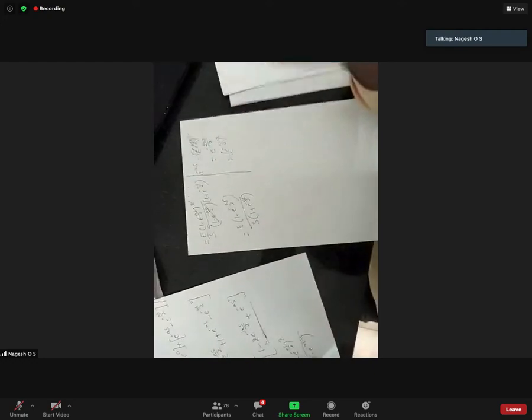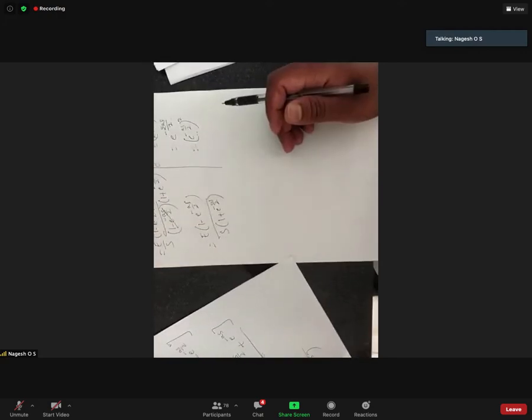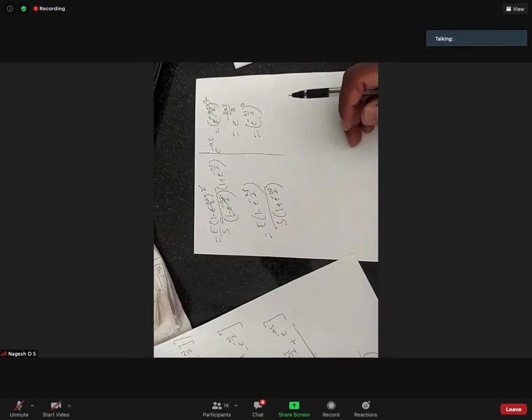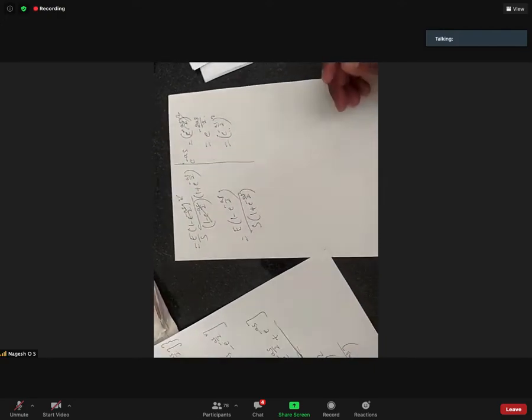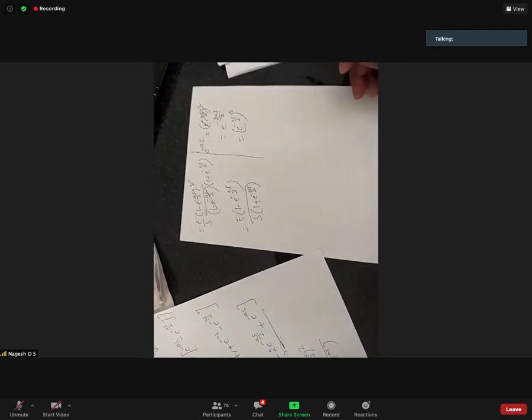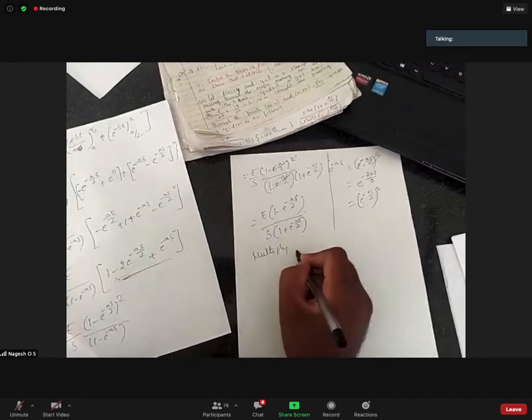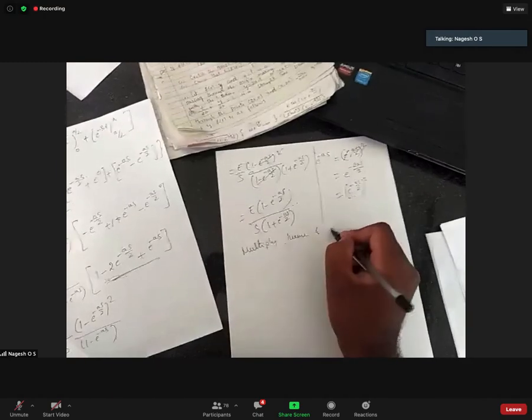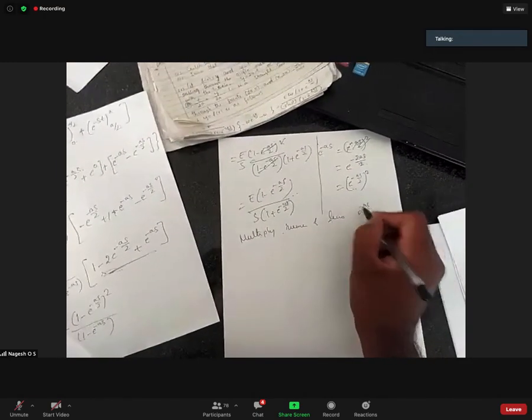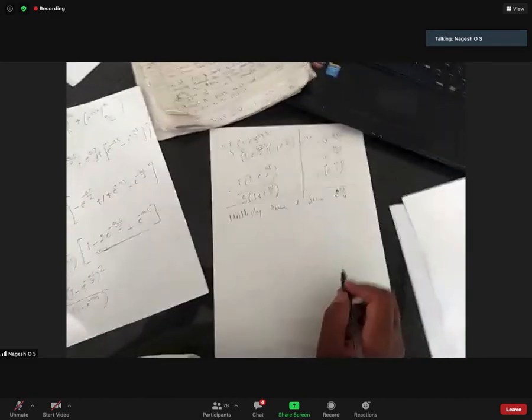So to get tan hyperbolic, you need to multiply and divide numerator and denominator by e power s by 4.